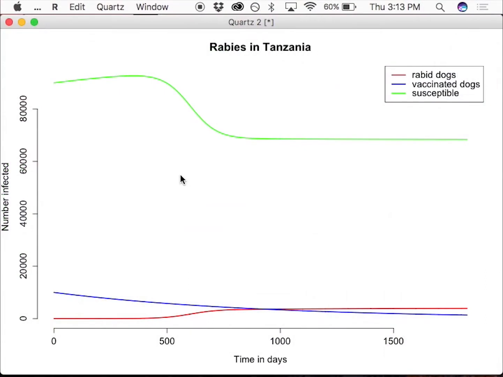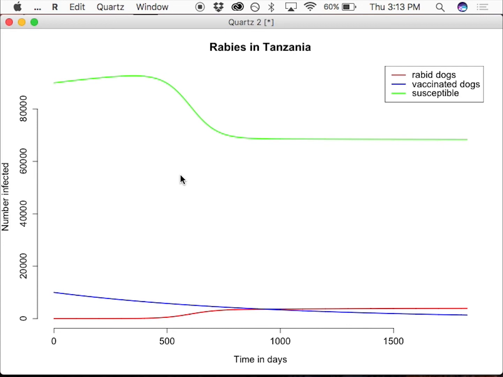So what's happening here? We're getting an epidemic. It's reaching equilibrium. It's a slow epidemic because we don't have these dogs biting 100 dogs. And we have no dogs getting vaccinated, but we started with 10% of them vaccinated from, I guess, people vaccinating dogs, and then we're modeling it where they stopped.